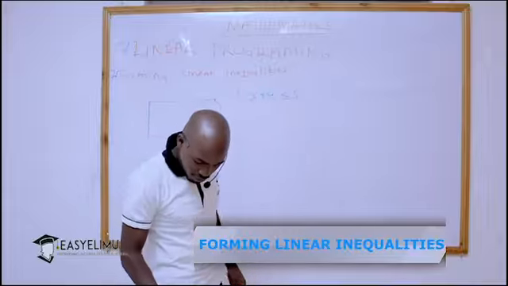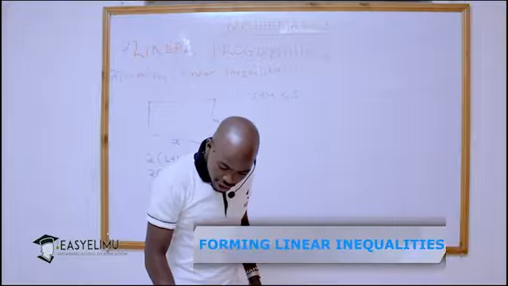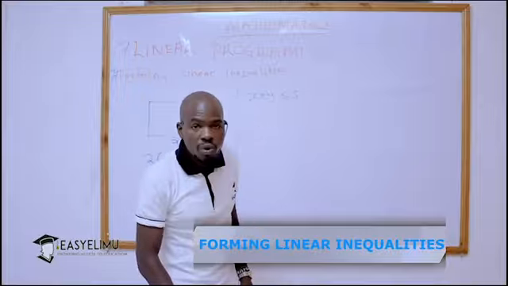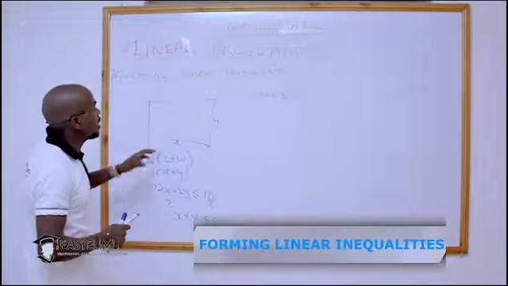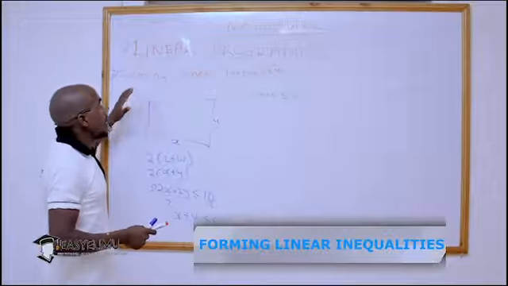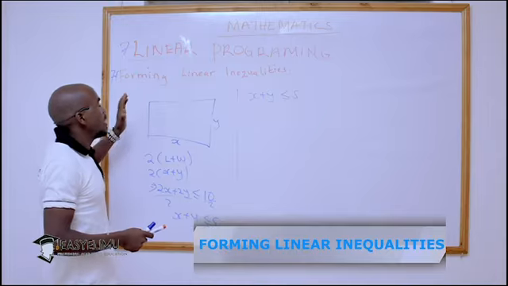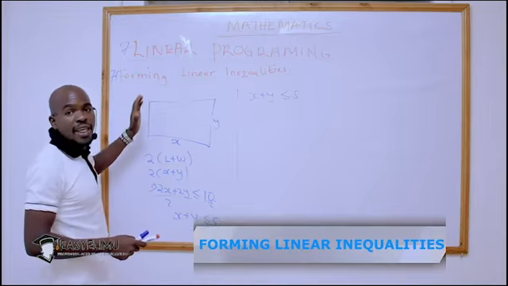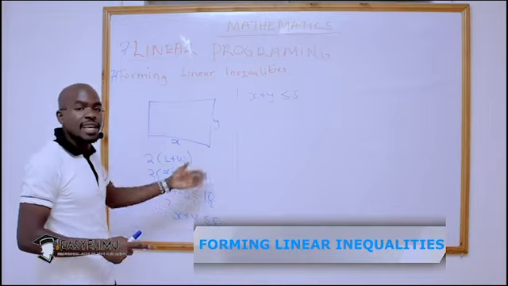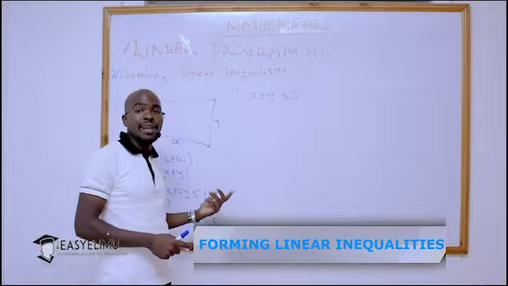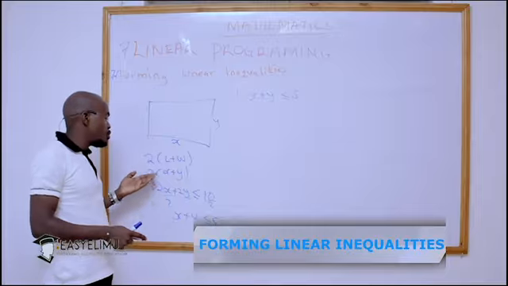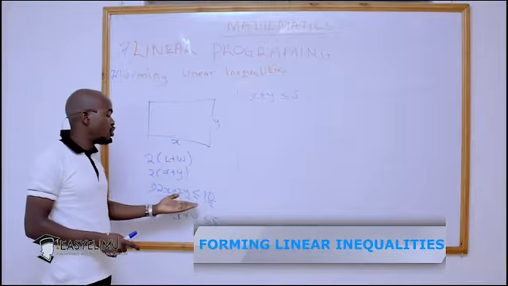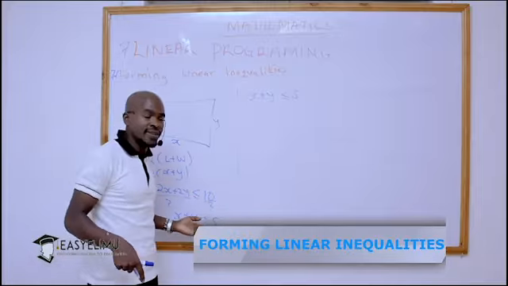Now let's see the question: find all the inequalities connecting x and y. We have been told that the perimeter of the given rectangle is not more than 10, meaning it is either 10 or less than 10. That's why we are saying that if we take 2 times x plus y, we should get 10 or less.